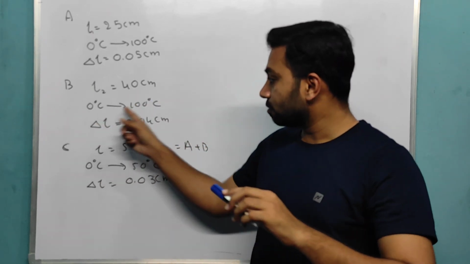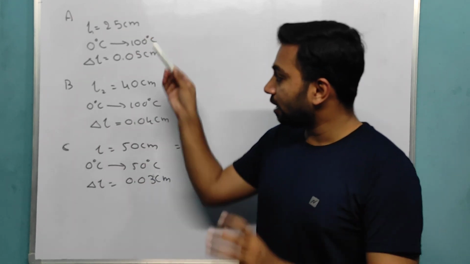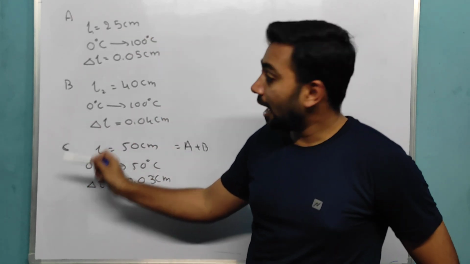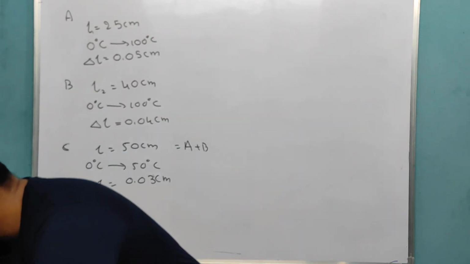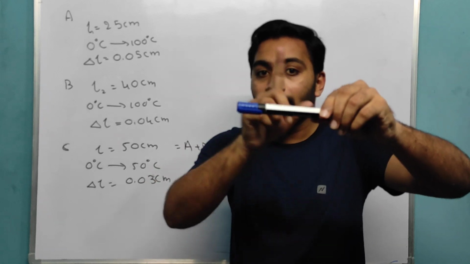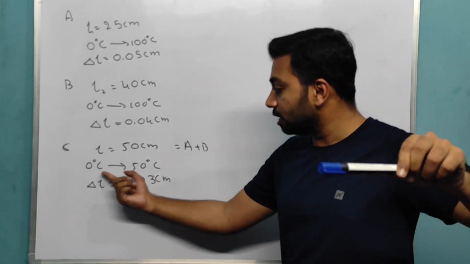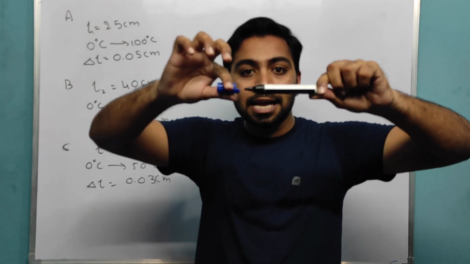When the temperature rises from 0 to 100, this length also increases. Now, third metal: I am combining these two metals. If I combine these two metals and heat from 0 to 50 degree, it is also expanding.